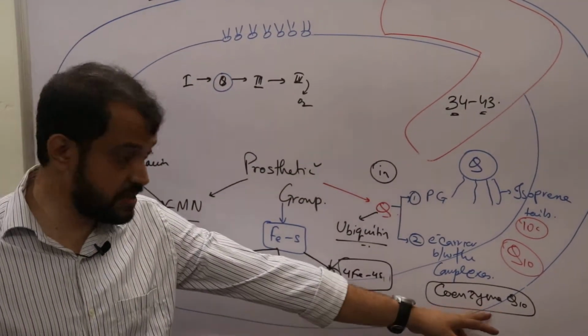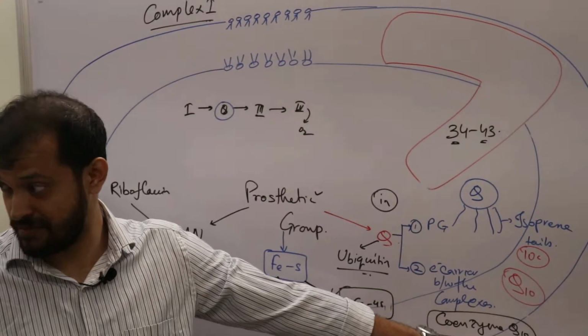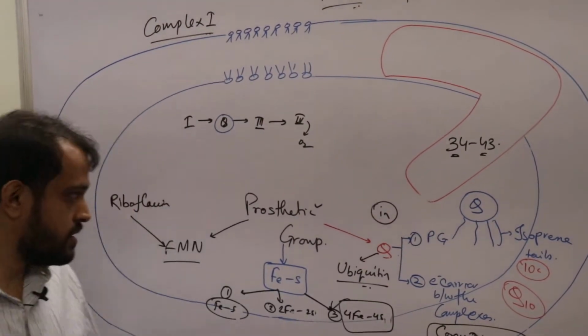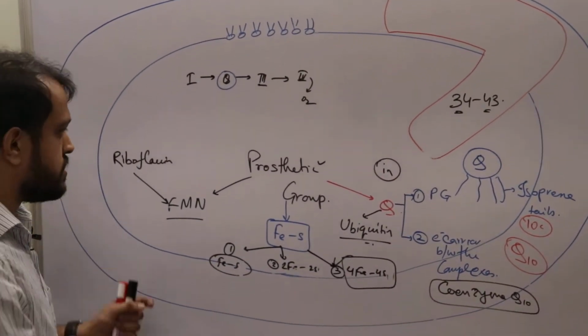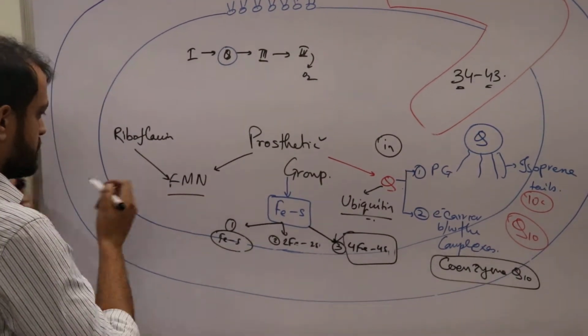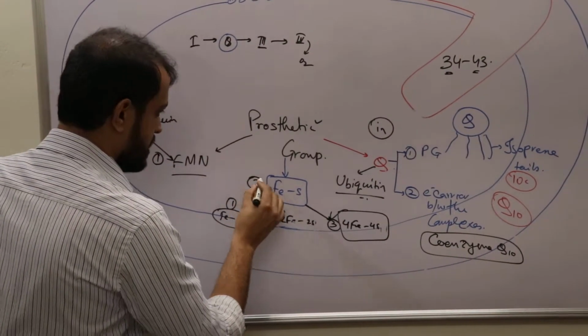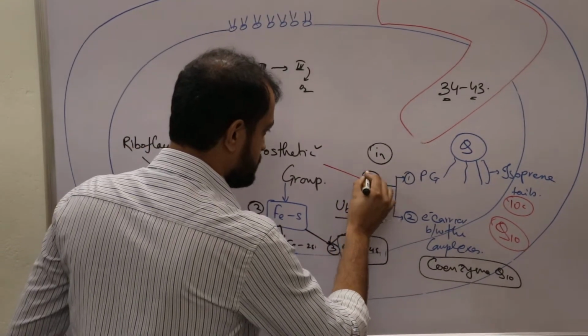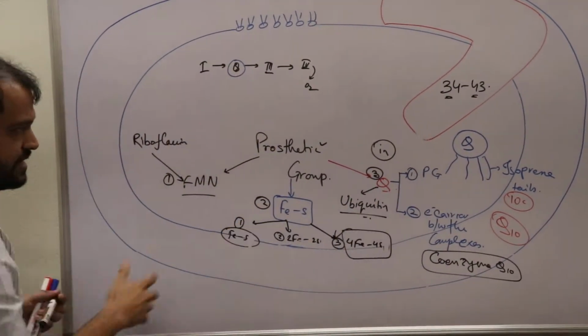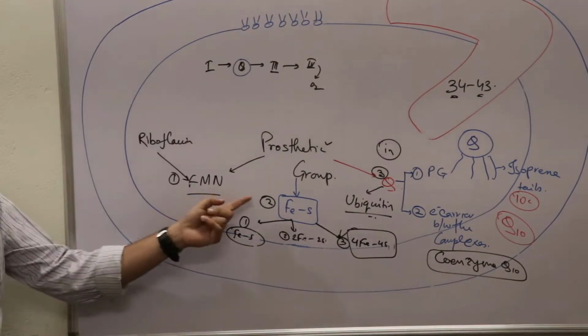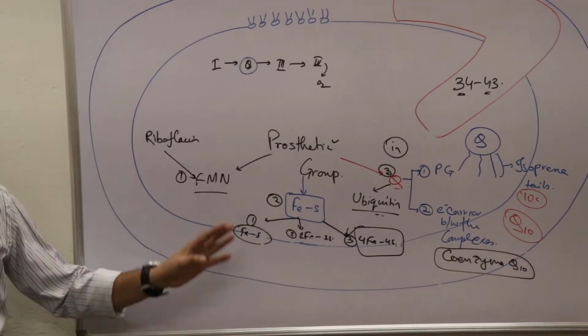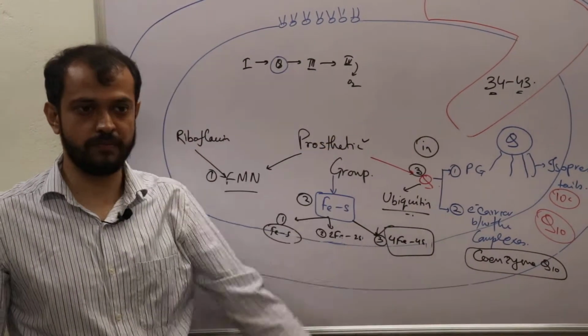It is very much available in plants, obviously. Okay. Now listen. So these are the three, this is the first, this is the second, and this is the third. So these are the three prosthetic groups which are present inside complex 1.